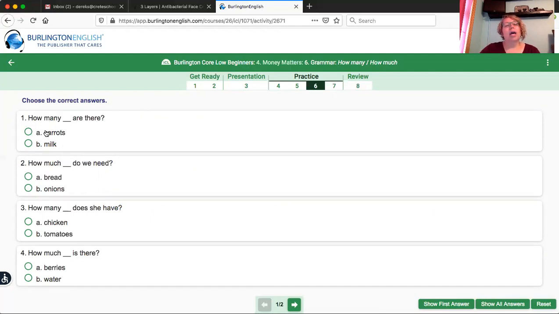So I'm looking at my question word, how many? Is this a counting question or is it no counting? It is a counting question. So I must select marque respuesta por contar, carrots. How many carrots are there? This is the correct answer.